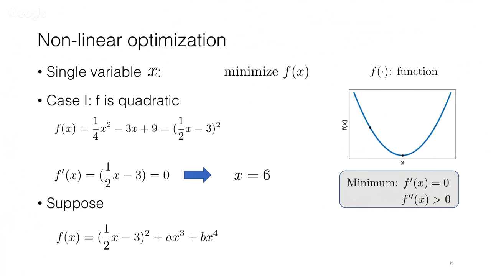If we found where the gradient is equal to 0, and where the curvature is positive, then we've got a minimum. And that's easily solved. A solution exists. But suppose things actually look like this, something that's got squared, cubed, fourth powers, right? That function is no longer quadratic.